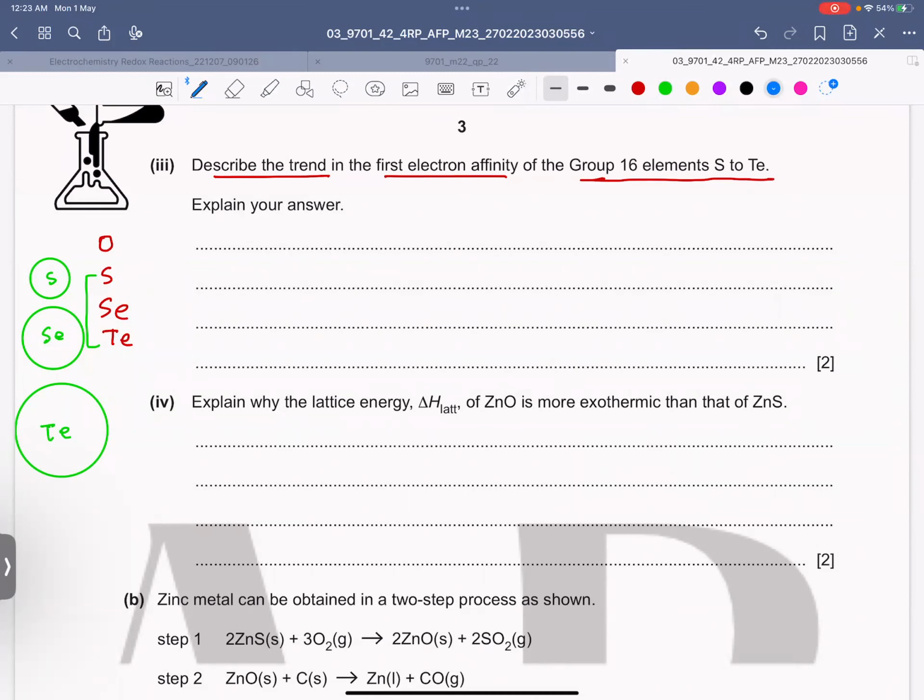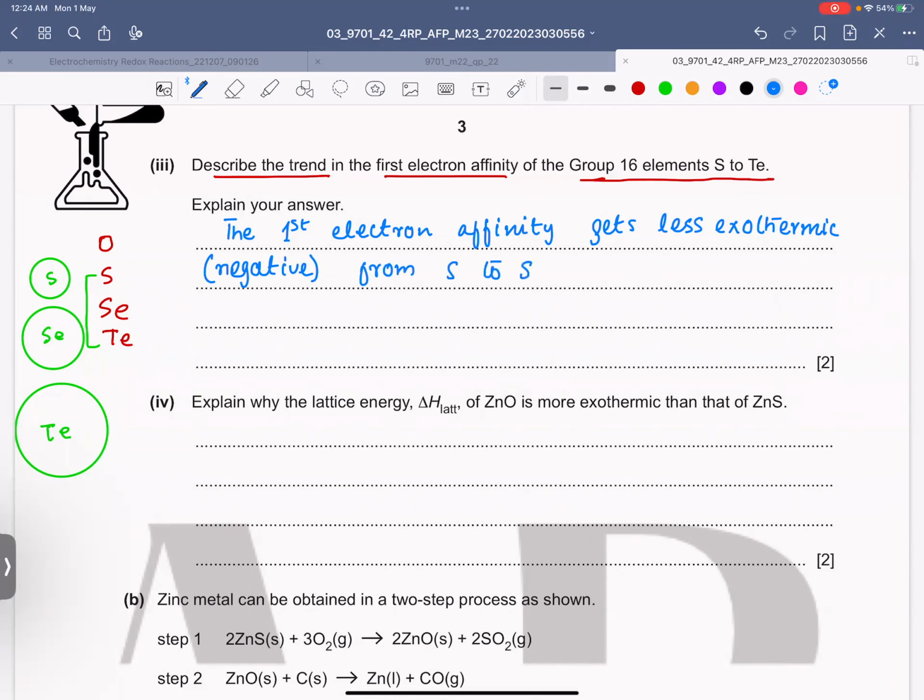So first what I will write is that the first electron affinity gets less exothermic, or instead of exothermic you can write negative, from sulfur to selenium to tellurium.